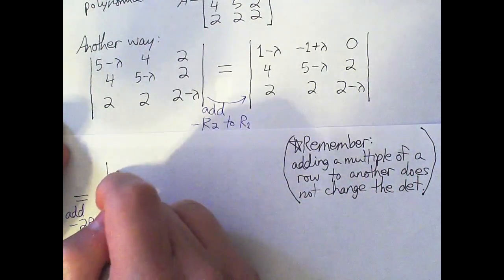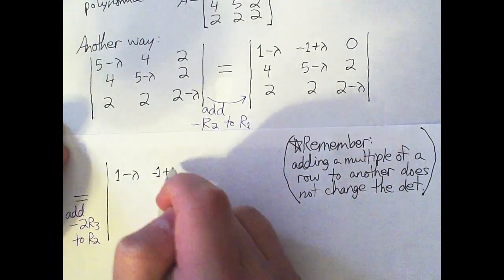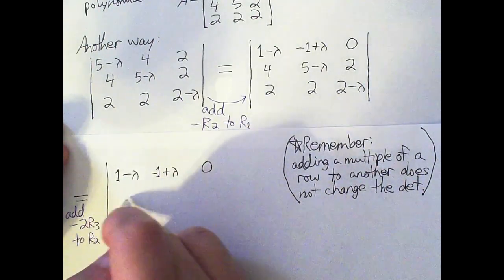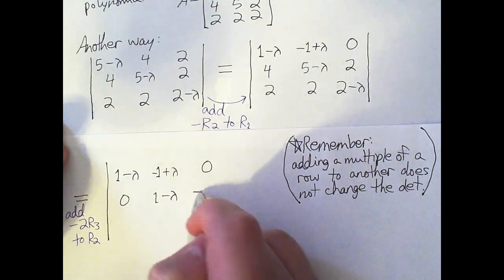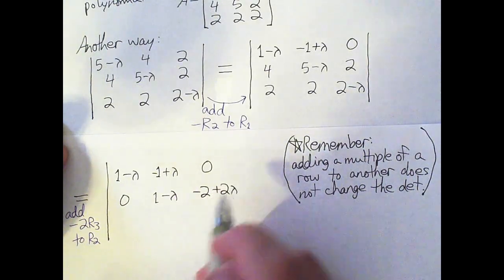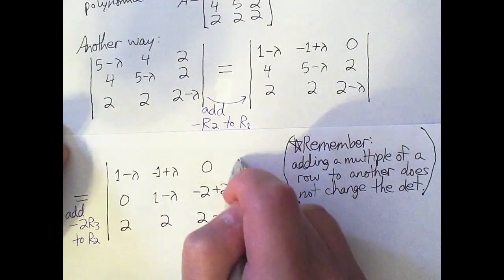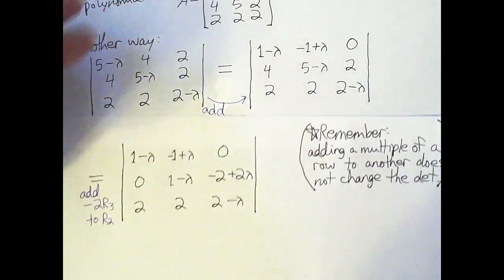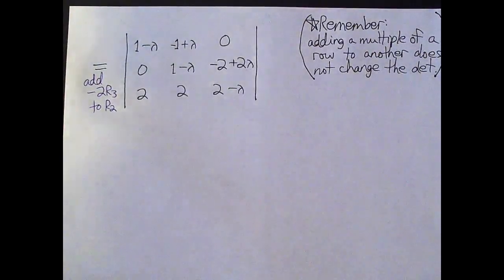So row 1 is staying the same. And then this becomes 0, 1 minus lambda, minus 2 plus 2 lambda. And then this is still 2, 2, 2 minus lambda. I think the more zeros we get to show up, the easier this determinant is going to be.